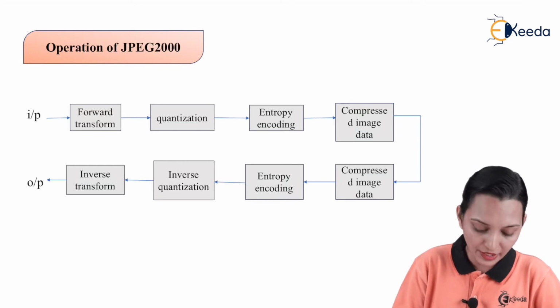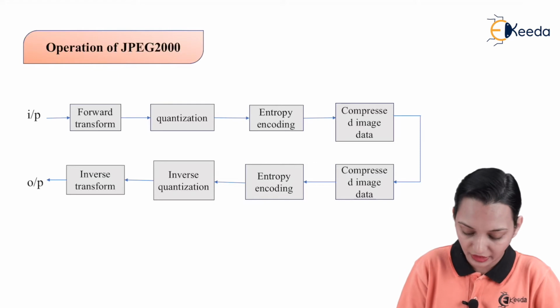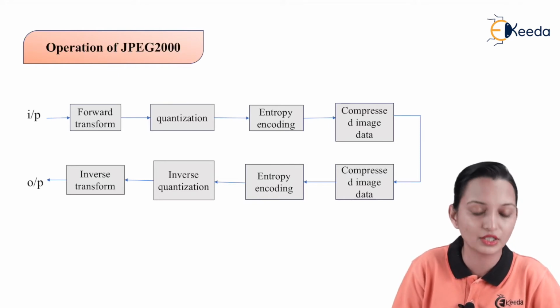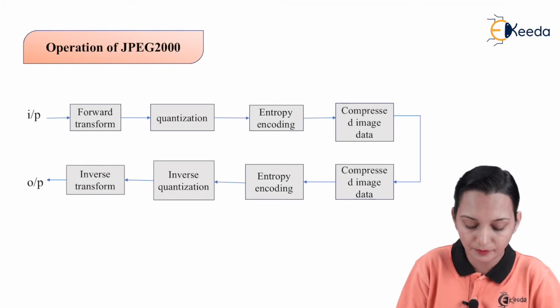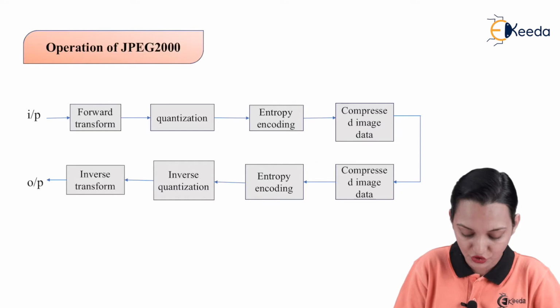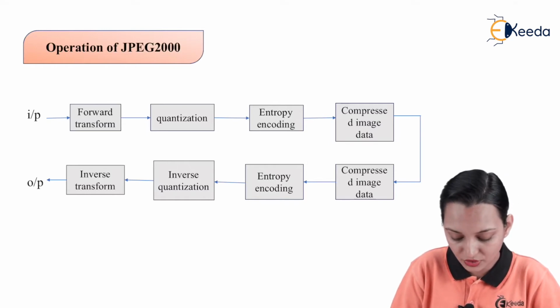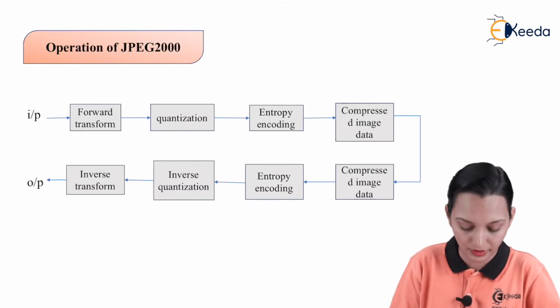So this is the operation of JPEG 2000. What is that? Input, output. In between, we have to perform the coding and decoding along with JPEG 2000. The first is forward transform, second is quantization, third is entropy encoding, then the compressed image. These are the steps for the encoding purpose.